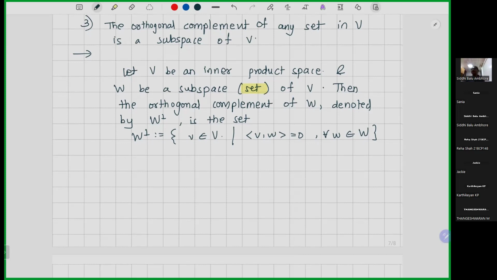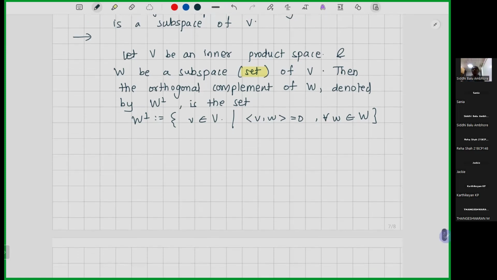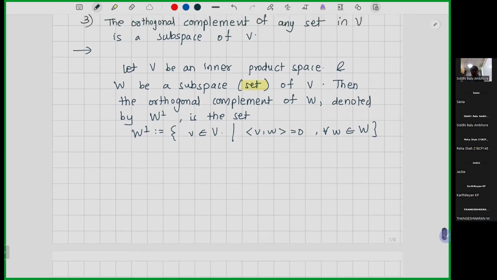Subspace means it has to be closed under addition and scalar multiplication. Yes.